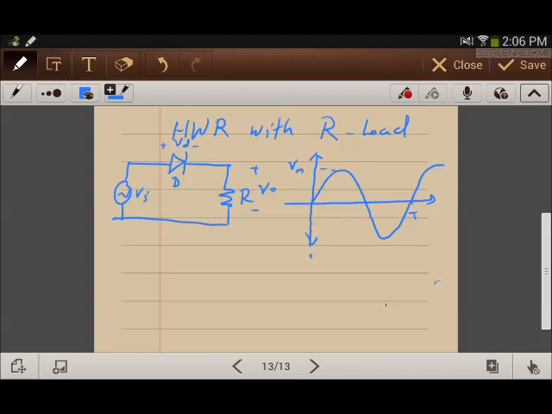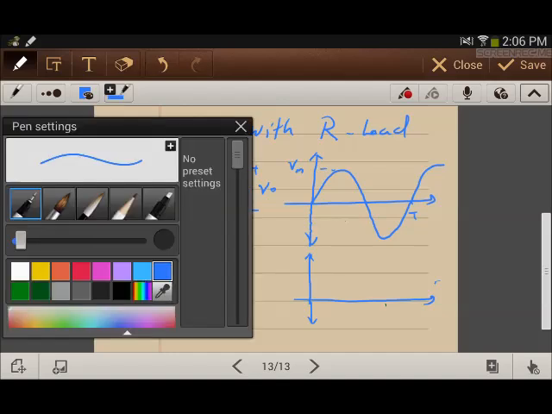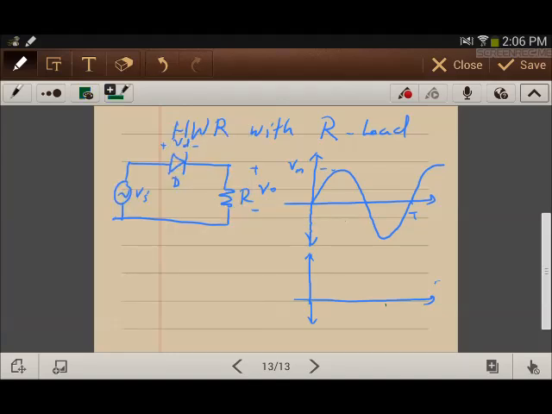And if I want to find the output voltage across the resistance, when the voltage across the diode is positive, meaning this half cycle, the diode starts conducting, meaning that there is no voltage drop across the diode. All the voltage will appear across the resistance for this positive half cycle.